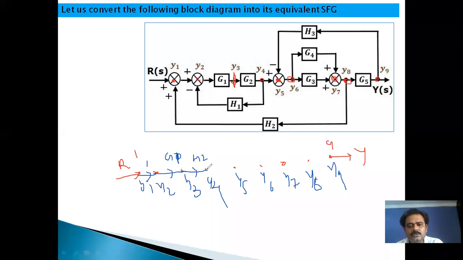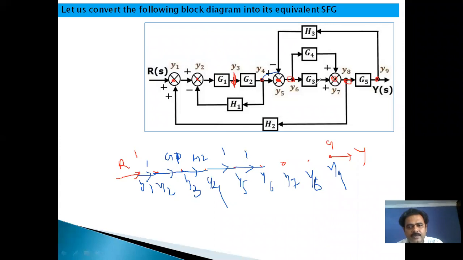Similarly, from Y3 to Y4, it is G2. Y4 to Y5, there is no gain, so we represent it with unit gain. Y5 to Y6, again there is no gain, so that is represented by unit value.